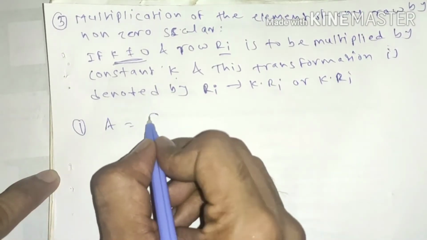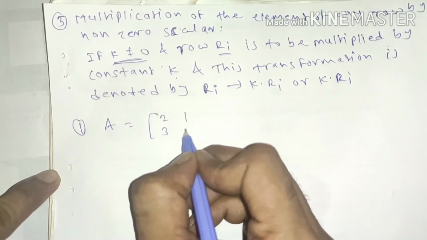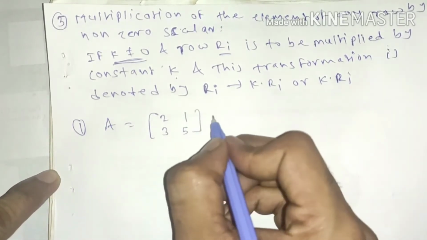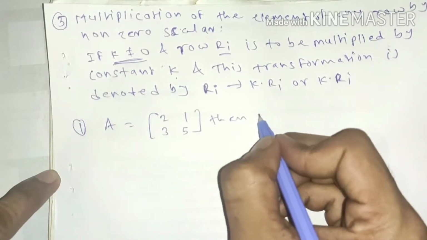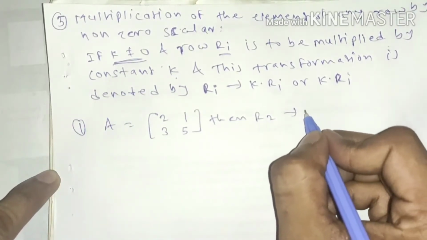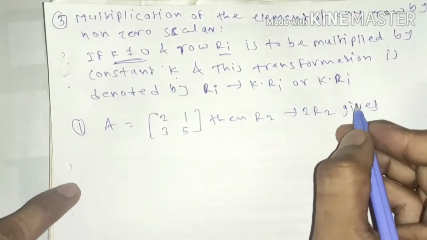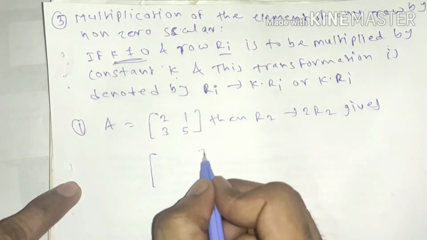So matrix A is [2 1; 3 5], then R2 changes to 2 times R2 gives the new matrix.